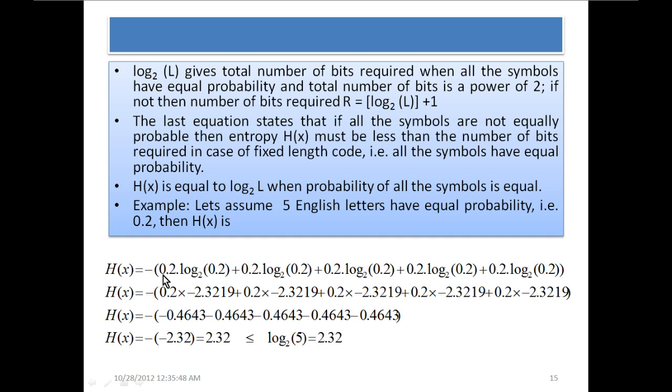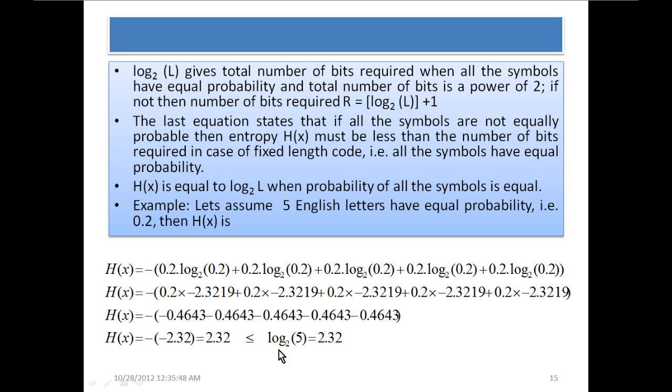We calculate it by the same method. 0.2 multiplied by log base 2 of 0.2, plus 0.2 multiplied by log base 2 of 0.2, and this term is written 5 times because the 0.2 probability is the same for all the 5 letters. Then the calculation is done, and the answer we get is 2.32.